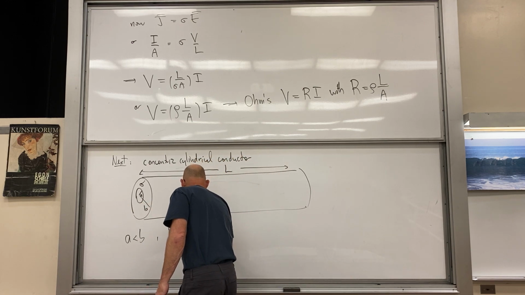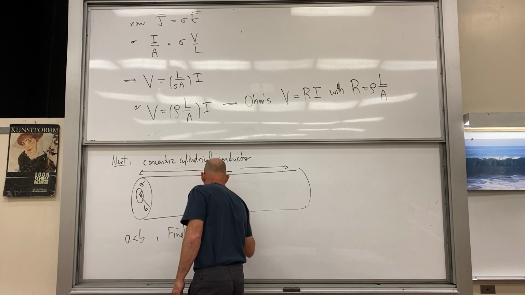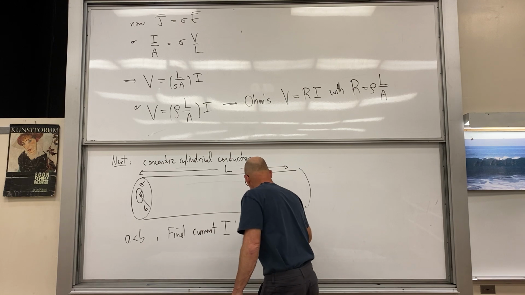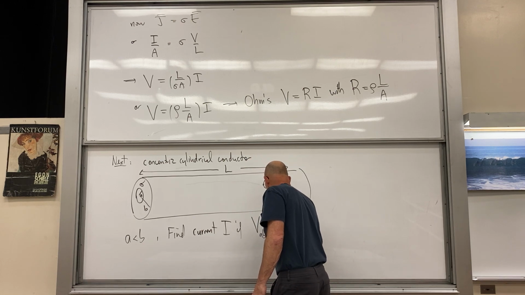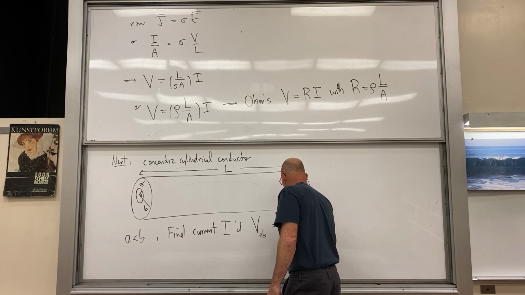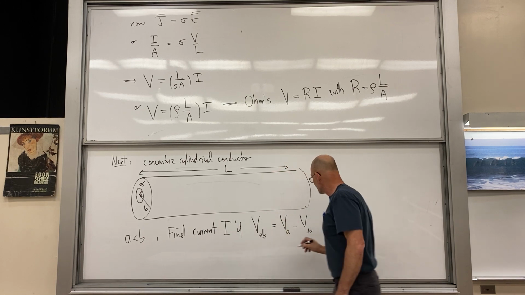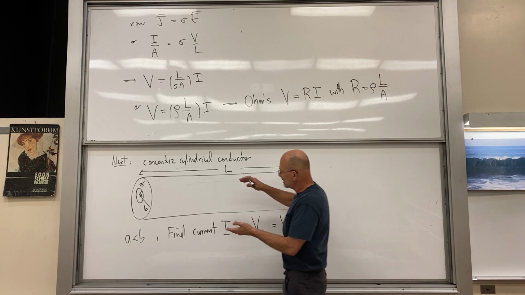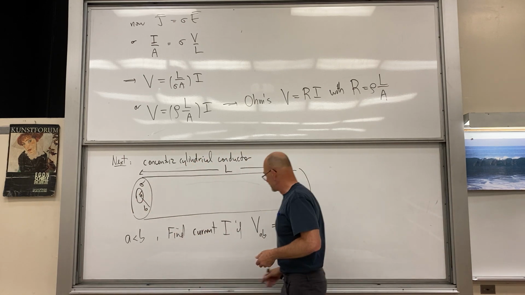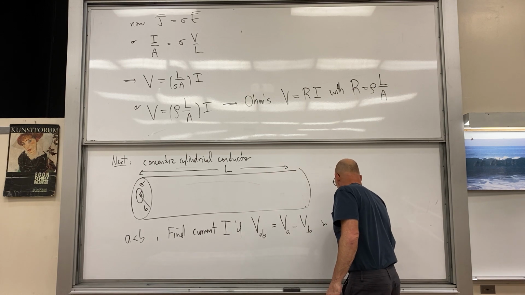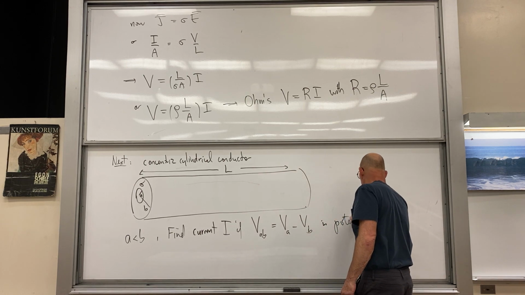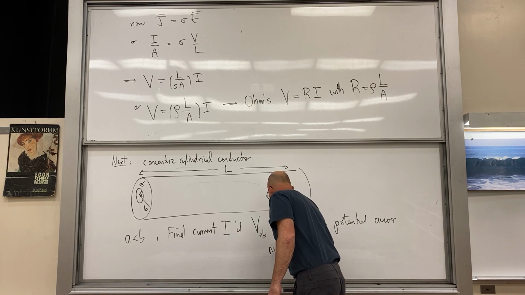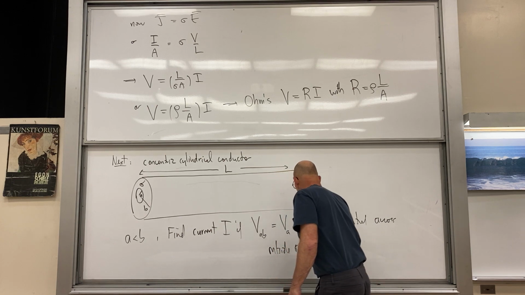So find current I if VAB, VA minus VB, or vice versa, we don't care about that. So if we have potential across the outside and inside surfaces.